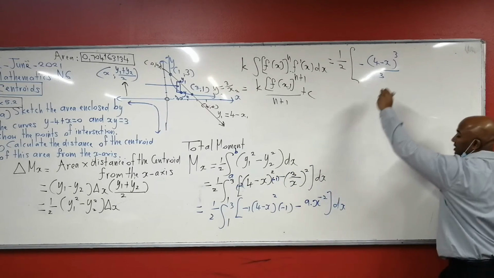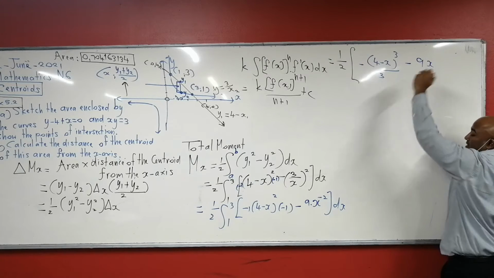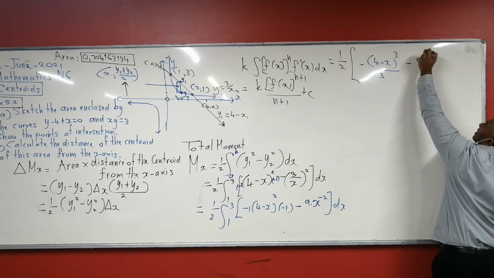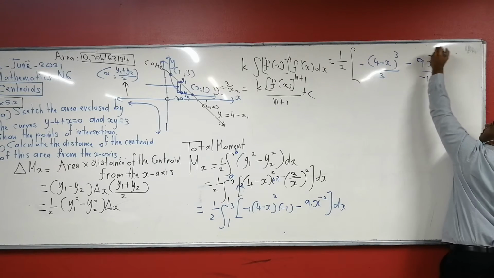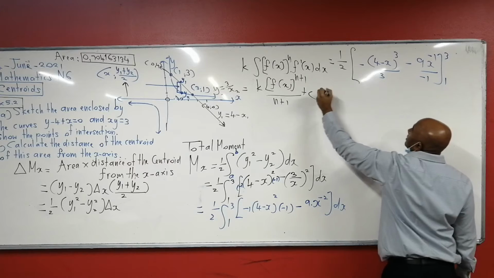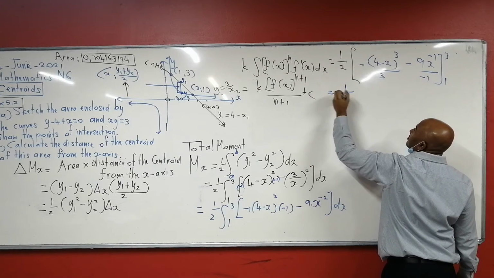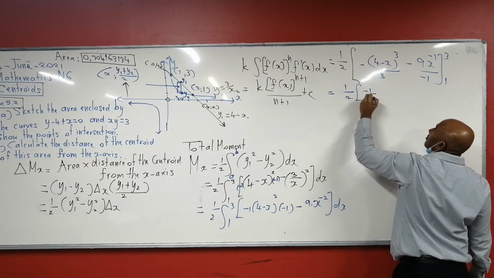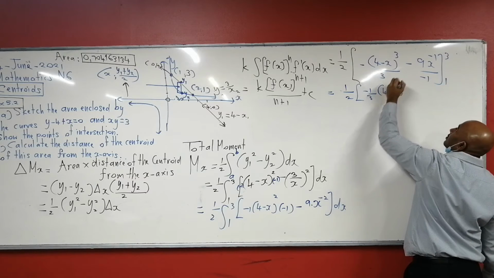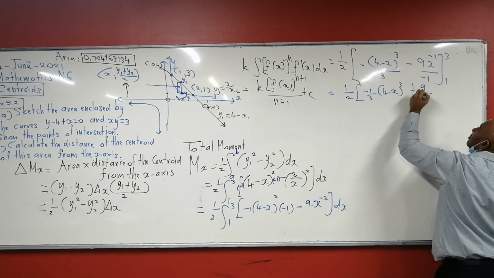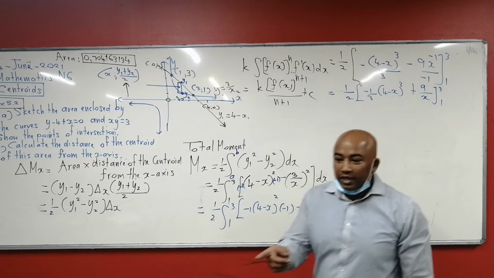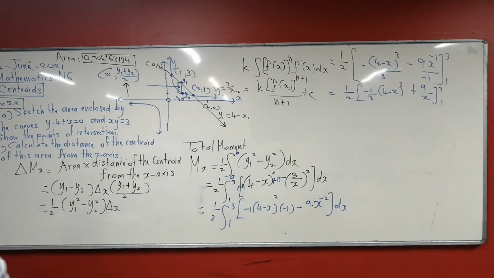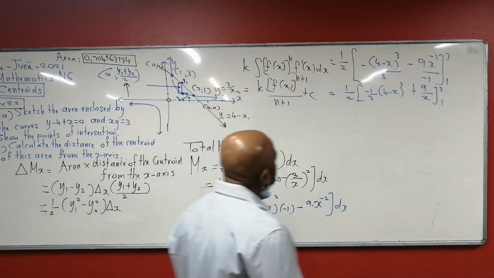So when you integrate it, it's going to be minus 9x to the power minus 2 plus 1, which is minus 1, over minus 1. Now I'm substituting 3 and 1. Right, with that advanced calculator, let's see what we get.